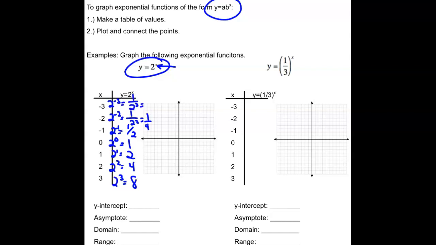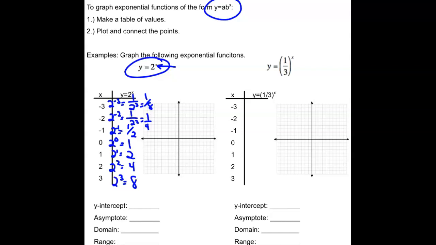And we already found out 2 cubed was 8, so this would be 1/8. And hopefully you can notice that as we move from the bottom of our chart to the top, we are cutting everything in half. Everything's half as big. As we move from the top down, everything gets doubled. So 1/8 turns into 1/4, 1/2, a full 1, then 2, 4, and 8.